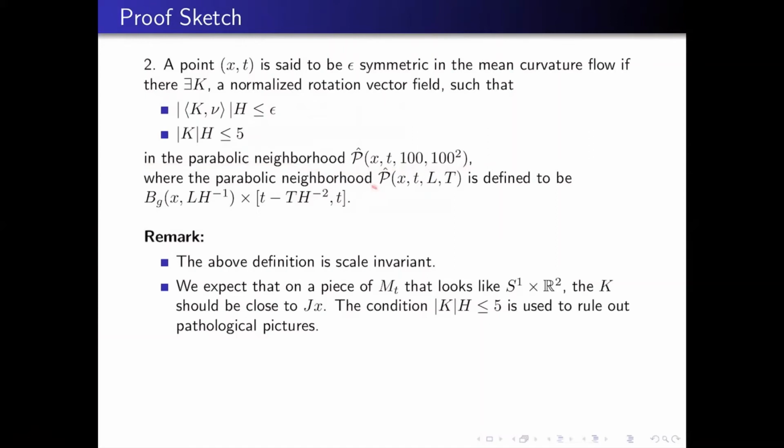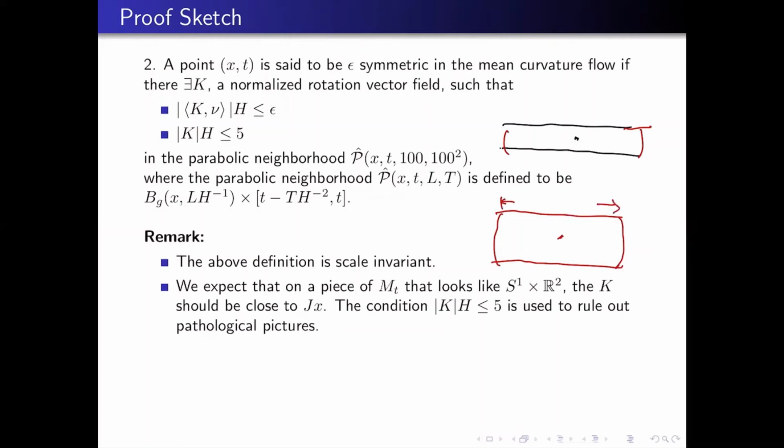So this parabolic neighborhood is just the geodesic ball along with its backwards development. So for example, on the cylinder, a geodesic ball around one point should look like this. And then the backwards development is just a dilation of this neck. But the length of this neck roughly doesn't change, but the diameter does change.